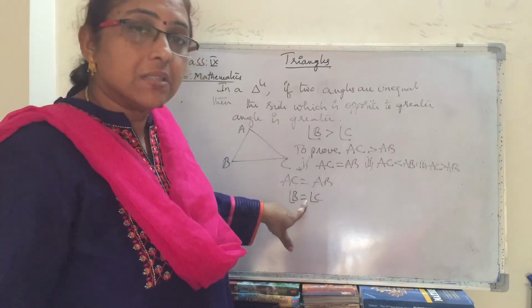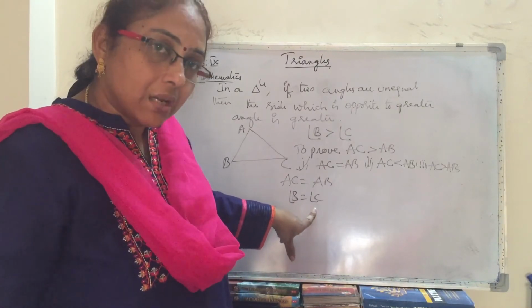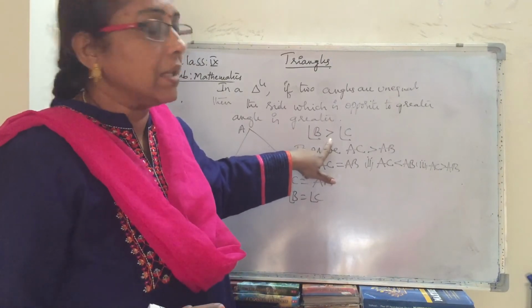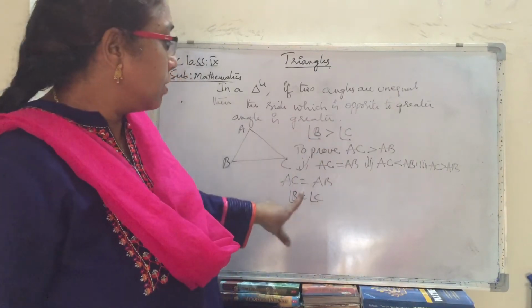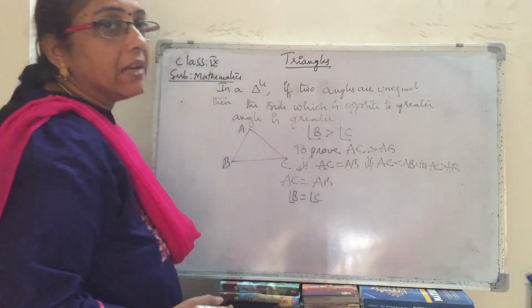Contradiction means wrong. So this condition is false, and these two sides are not equal.